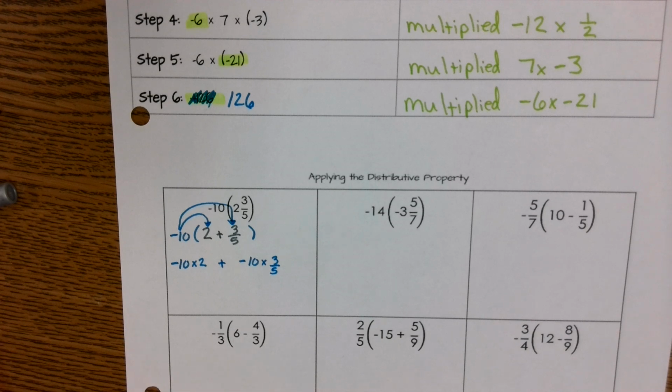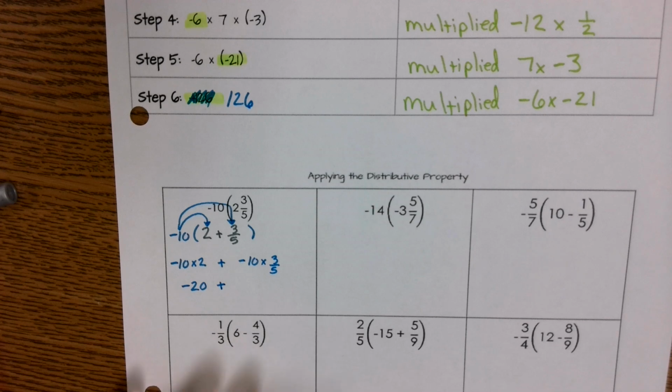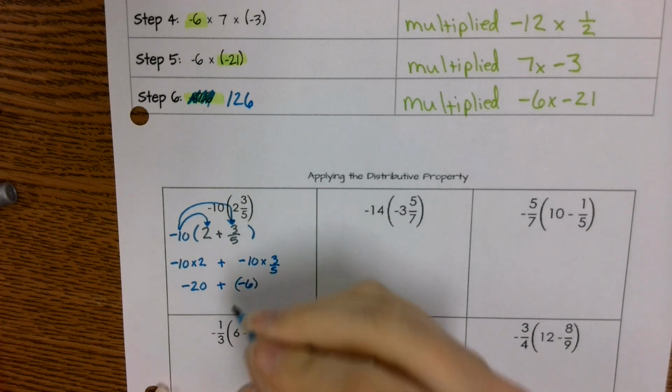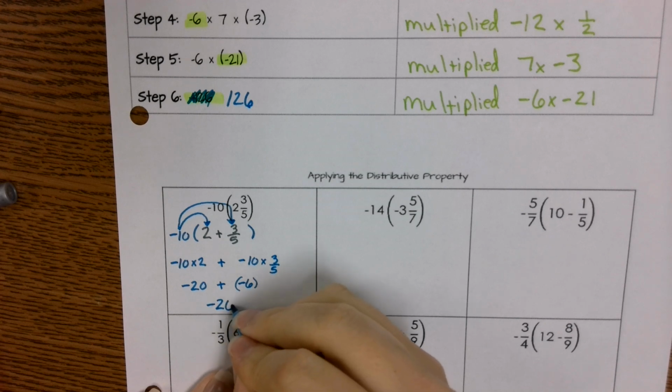Negative 20. What about negative 10 times 3/5? Negative 6. You can use your calculators, it's perfectly fine. And then we can combine those together. Negative 20 and negative 6 becomes negative 26.